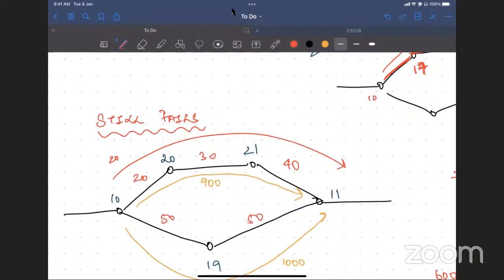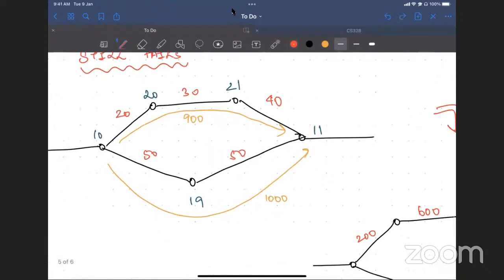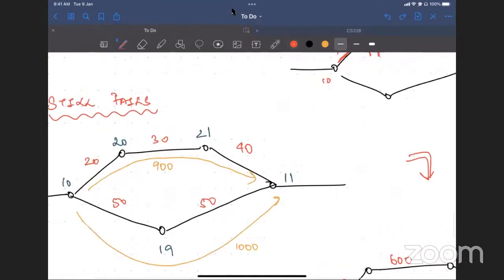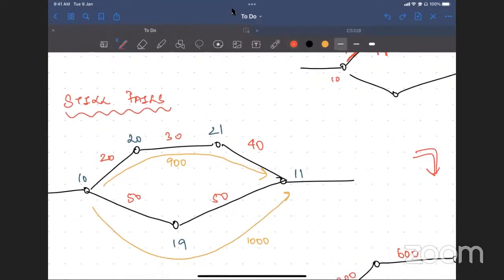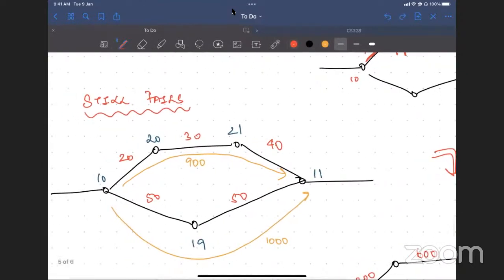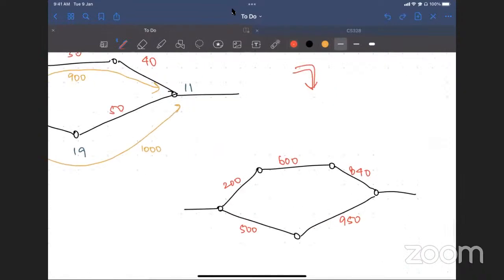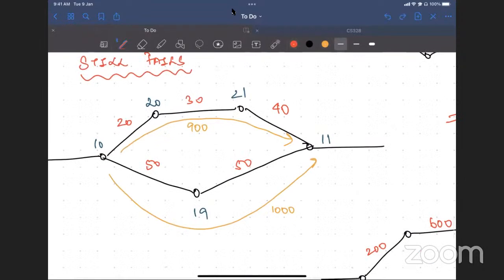Wait, I think I just got some edge weights wrong. Yeah, so basically, if I'm updating along this path, then this graph reduces to this graph: 200, 600, 800, 500, and 940. And if I want the optimal answer in this problem, then this is again 900. For this graph, the optimal answer is 900.